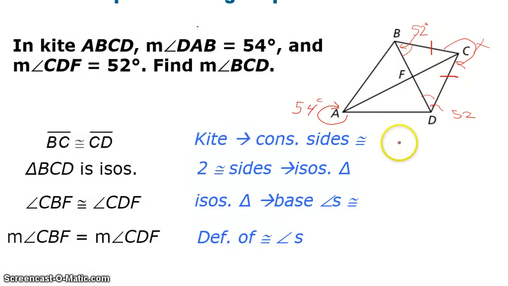So we take our 180 degrees for our triangle. We subtract the two angles that we know. 52 and 52 is 104 degrees. And we subtract those, and we have 76 degrees. So our angle BCD is 76 degrees. Okay, let's look at our next one.